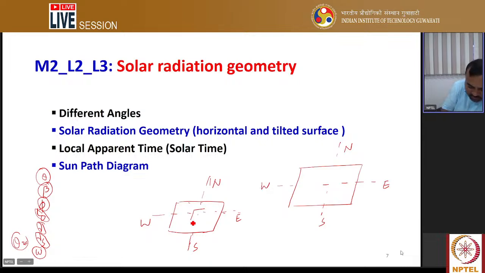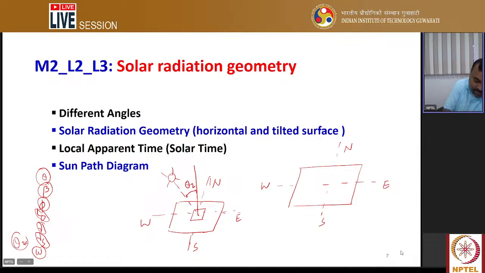If solar radiation is falling on a horizontal surface, and this is the normal to the horizontal surface, and the ray makes an angle with it, this angle is theta z.